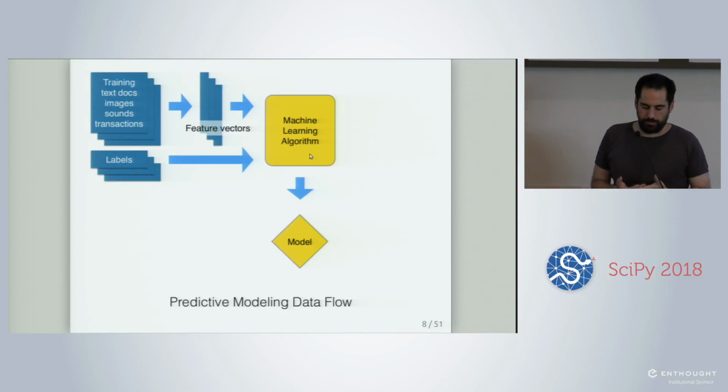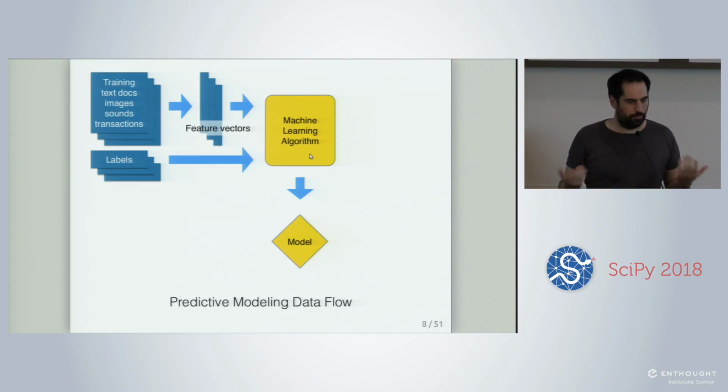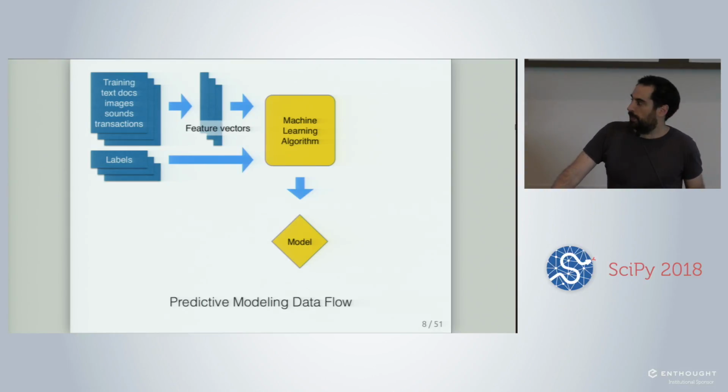For instance, you could use text documents if you want to do moderation of comments on a website, or images for image classification from images taken from the camera of a mobile phone, or specific sensors in an industrial application. The sound recordings, if you want to do speech recognition, for instance, or structured transactions in a database with columns or in Excel files, for instance.